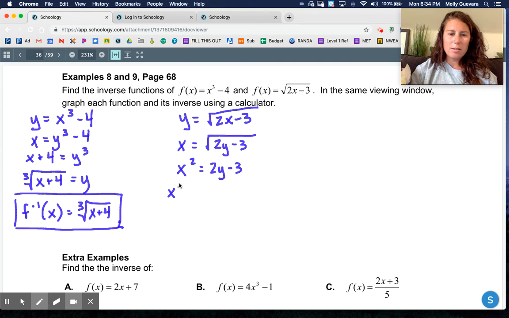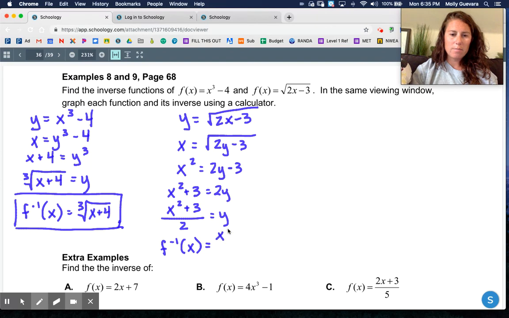Add 3 to the other side. Divide by 2. And that gives me my y function, or my inverse function, excuse me. I have f inverse of x equals x squared plus 3 over 2.